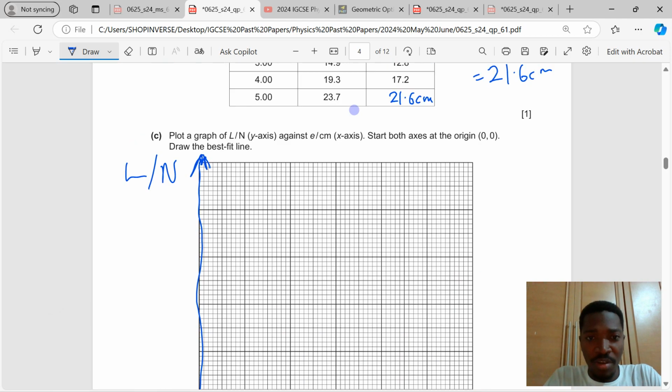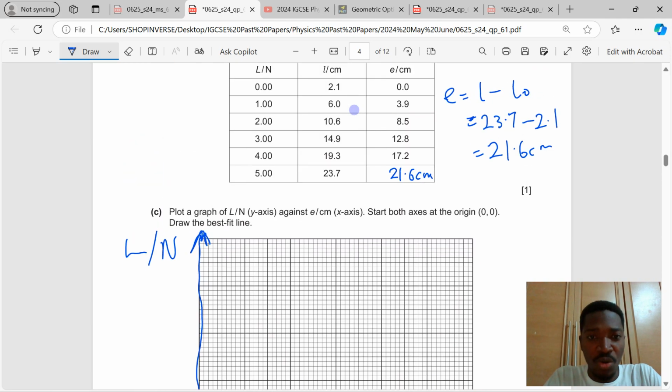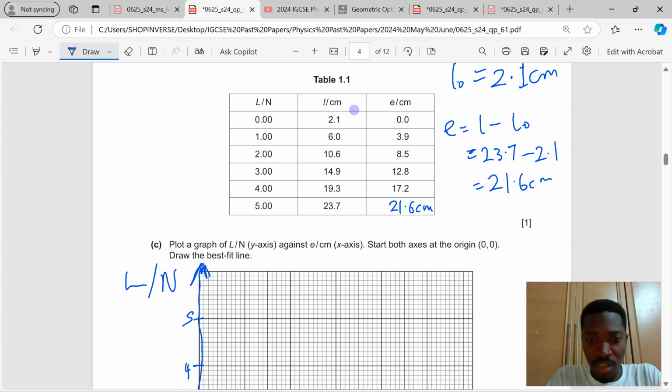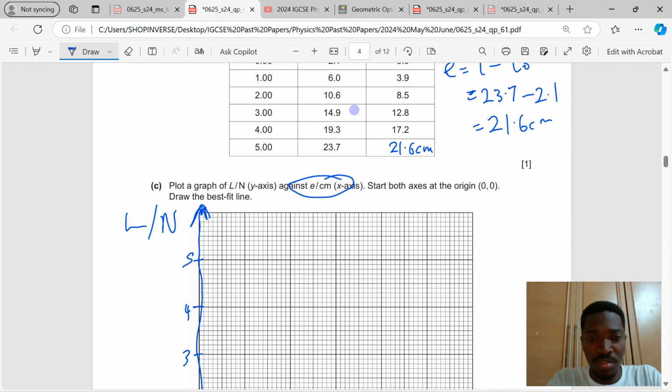So what are the values of load? We have 0, 1, 2, 3, 4, 5. Make sure you use a straight ruler while doing this on your answer sheet. What are the values of extension? Since we have E on the x-axis, the value of E ranges from 0 to 21.6 centimeters.